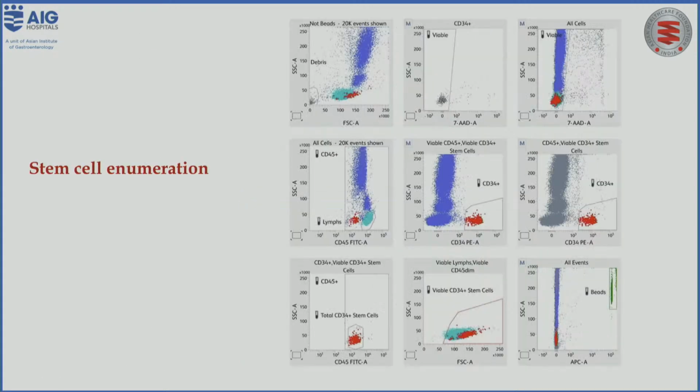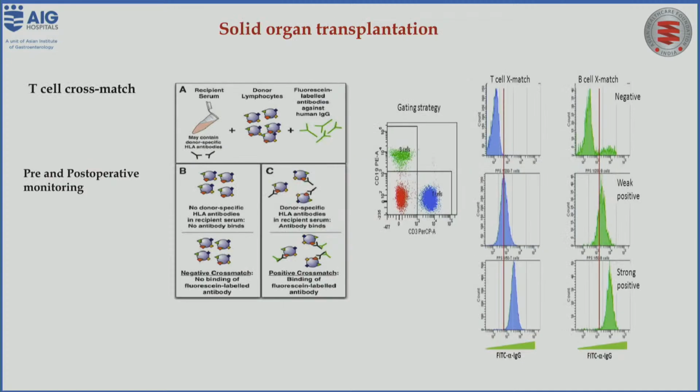Another use of cytometry is stem cell enumeration. Once we mobilize the stem cells from the bone marrow using GCSF, we have to do proper enumeration of stem cells using cytometry.